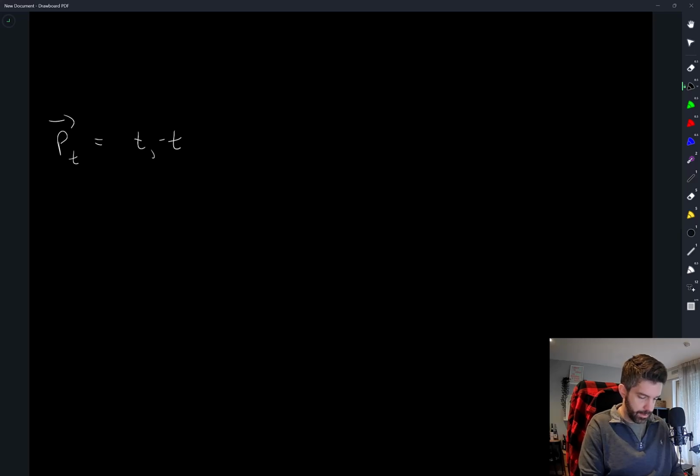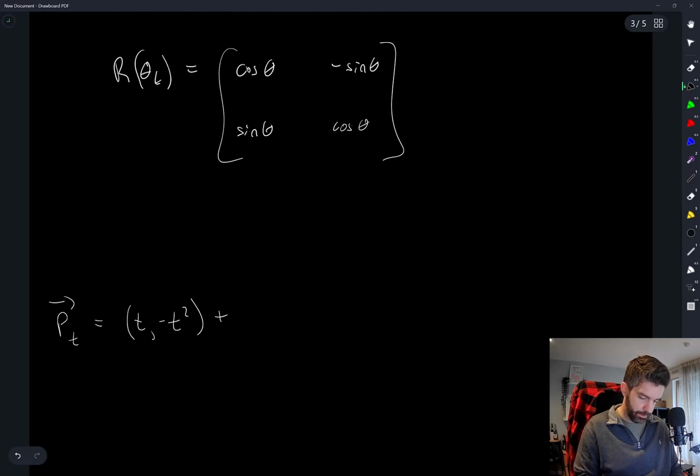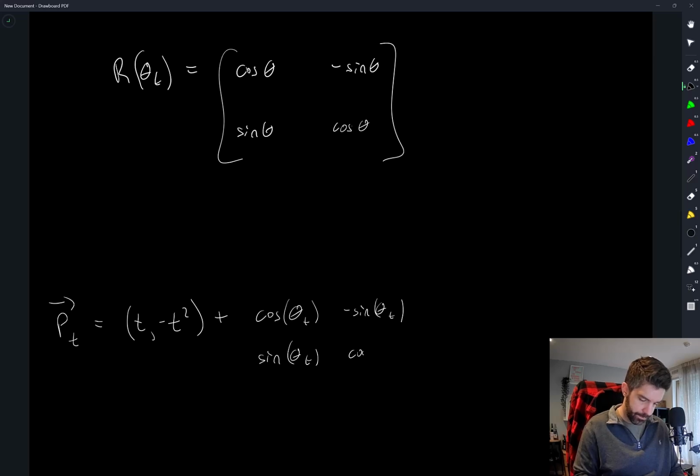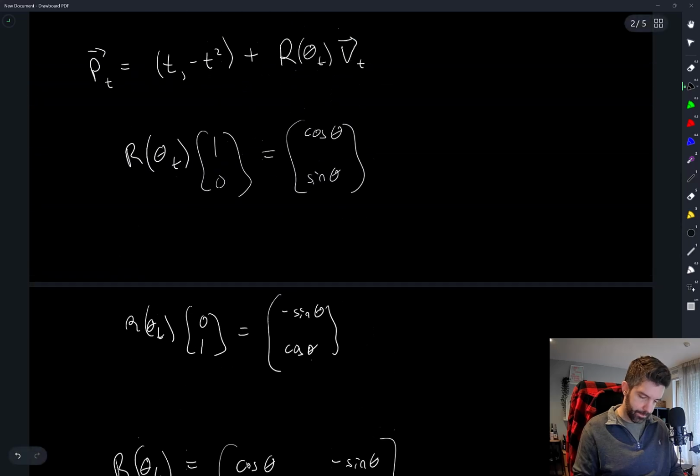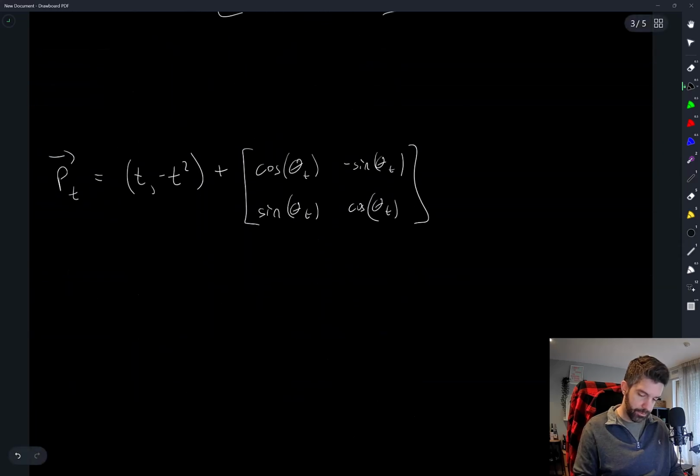So I can write the answer. The focus is located at (t, negative t squared) plus this matrix applied to the vector, what is it again, (t, t squared) minus the original focus.